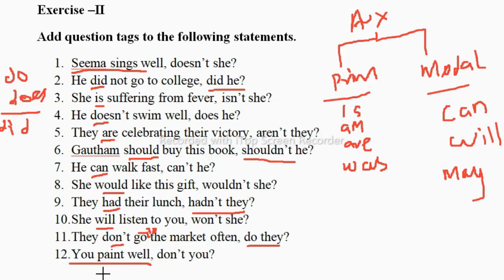It's not talking about past. You paint well means still you are painting. So the tense is present and the subject is plural. You have to use do to make the question tag. And if the tense is present and the subject is singular, you have to use does. But here we have you, which is plural. So you have to use do. And the statement is positive, that's why you use a negative question tag: don't you?